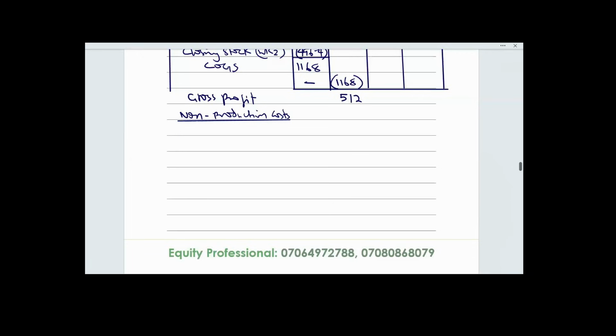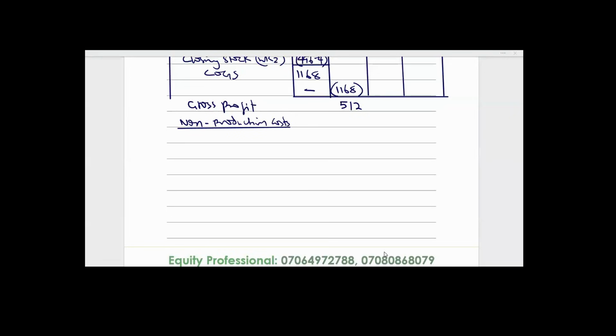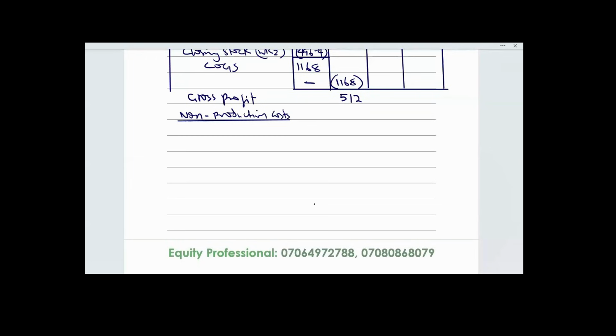Let's go back to the question. You are told in the question that variable selling and admin expenses amount to 50 kobo per unit, and fixed selling and admin expenses amount to 75,000 naira a year. So those are non-production costs. Okay, so I can say variable selling and admin.